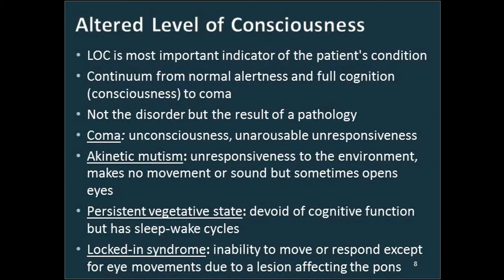Okay? Alterations in consciousness are not a primary disorder, but they are a symptom of another problem. Okay? So when we talk about some different types or different conditions related to an altered level of consciousness, the first one we want to talk about is coma.